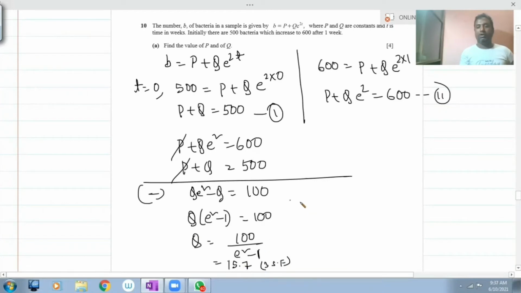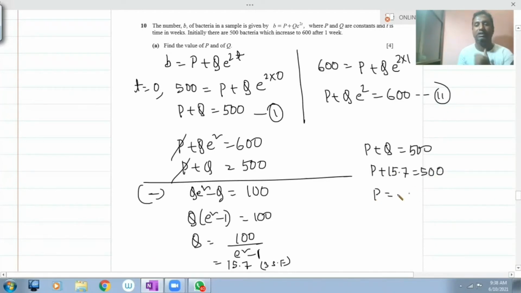Now, if you put these values in equation number 1, P plus Q equals 500, let me put this Q here: P plus 15.7 equals 500.